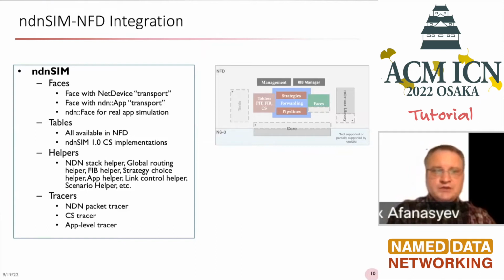So if you just want to evaluate the forwarding strategy and you don't really want to deal with the logic of the application, you just want to generate traffic, receive packets, and publish data, but you don't care how those things are happening. You just need to do the publishing. For those applications, you prefer to use the NDN app.